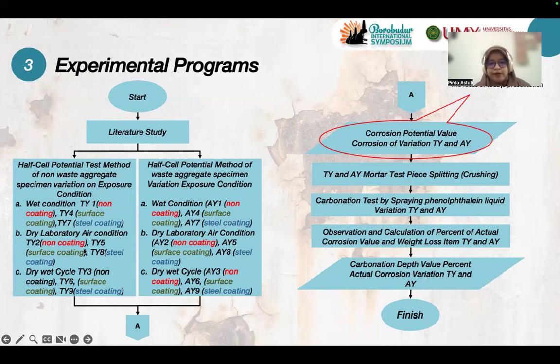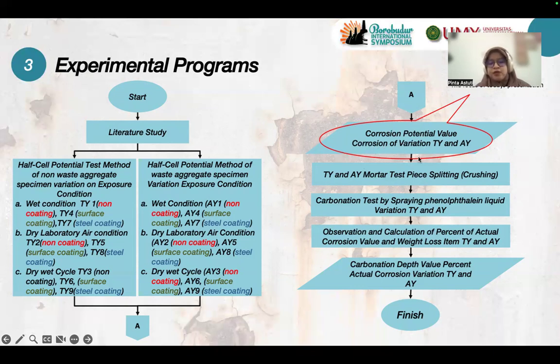After we fabricated the specimens, we measured the corrosion potential value, and this test is the most important and will be highlighted in this presentation.